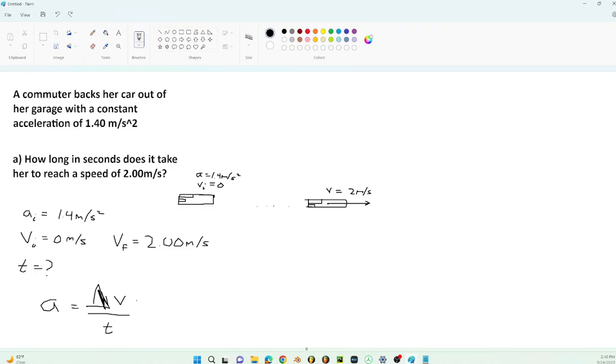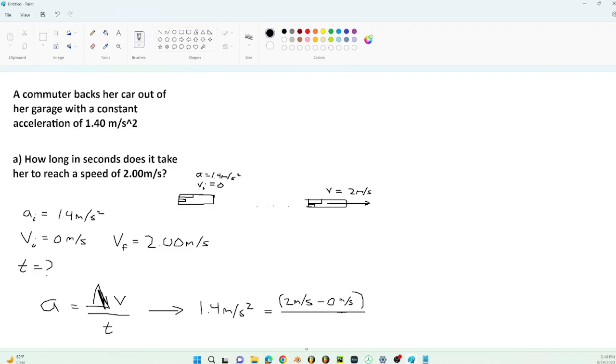So, let's see. Our change in velocity is going to be our final velocity minus our initial velocity. And we know the acceleration, which is 1.4 meters per second squared, is equal to the change in velocity, which is going to be 2 meters per second minus our initial velocity, 0 meters per second.